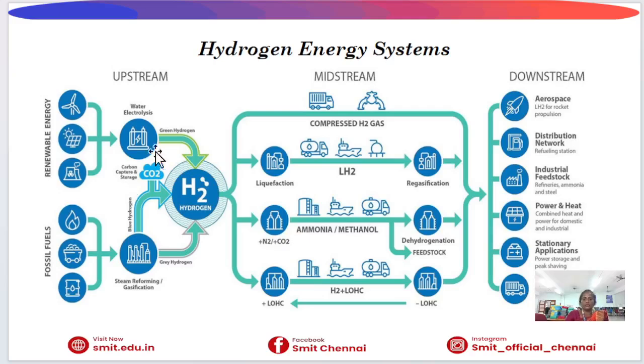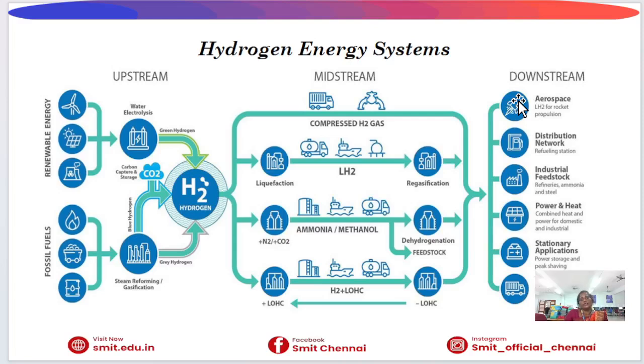The next one is midstream. In midstream, hydrogen is stored and transported as compressed gas, liquid hydrogen, or converted into ammonia or methanol for easier transport. Next one is downstream.